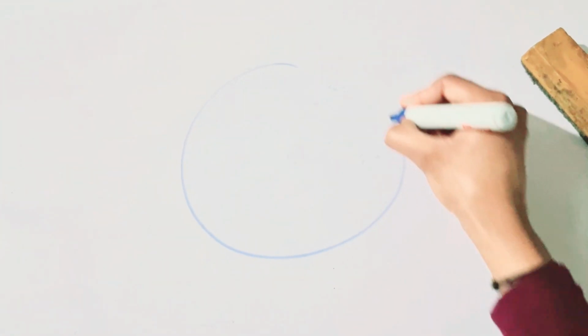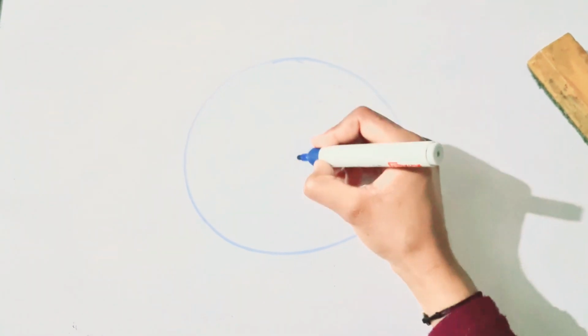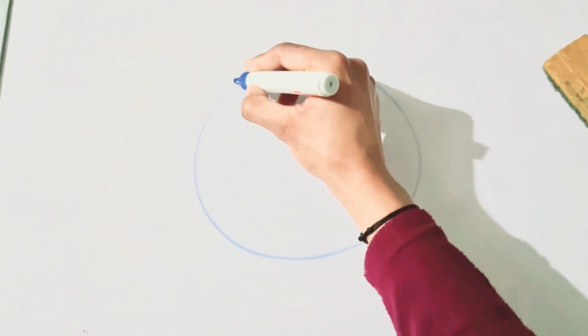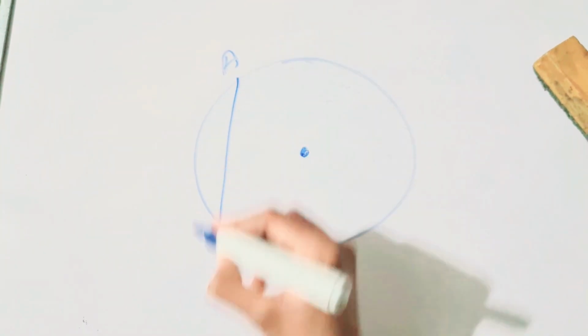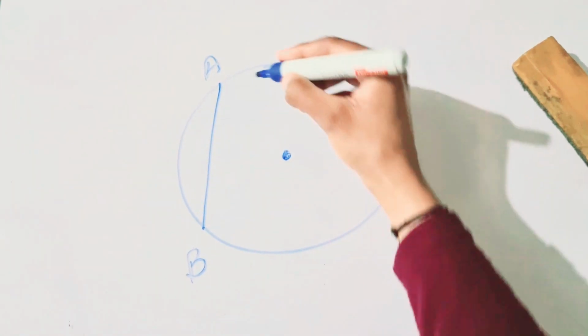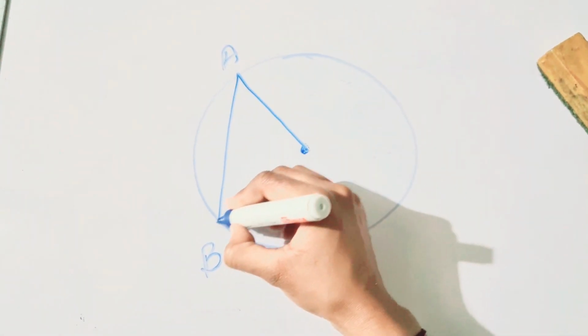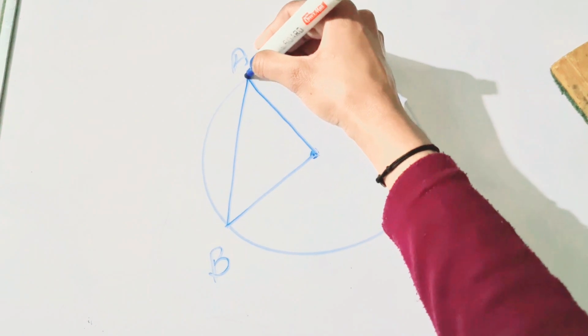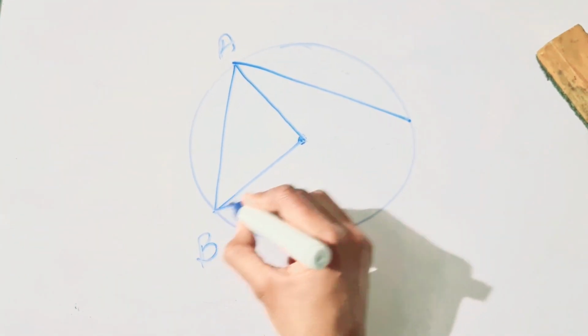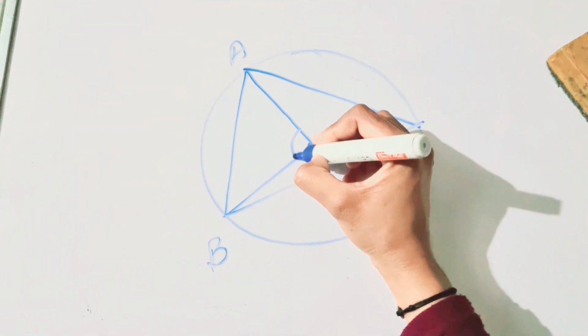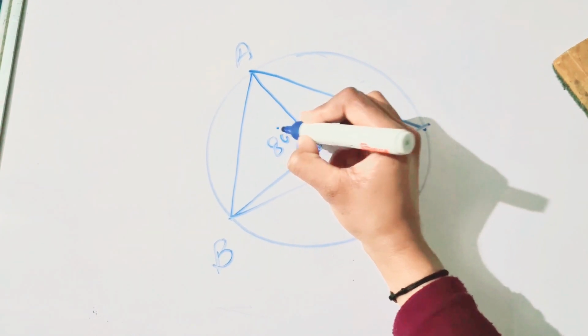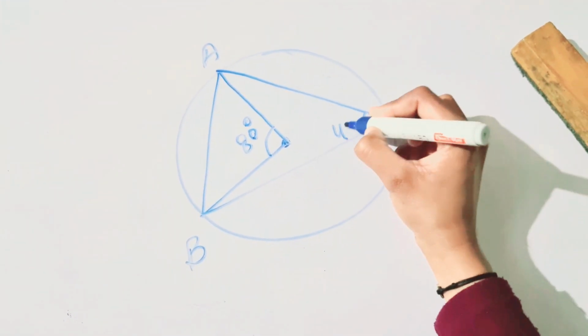Clear? Next property is, this is the circle, this is the center, and this is the chord AB. We are drawing an angle at the center, and from the same chord we are drawing an angle at the circle. That time if this angle is 80 degrees, this angle will be 40 degrees.